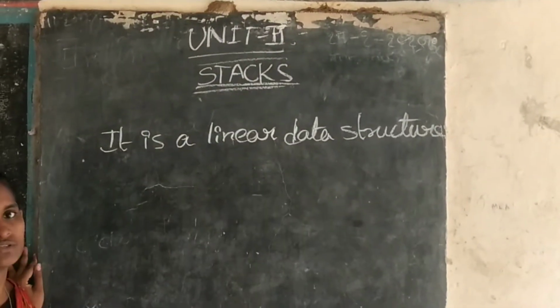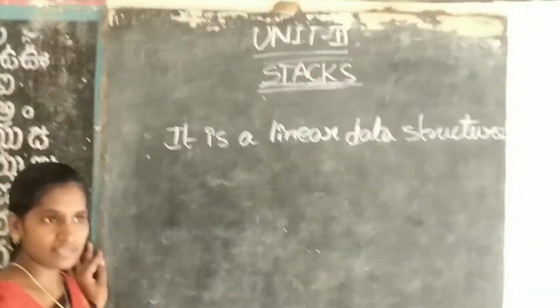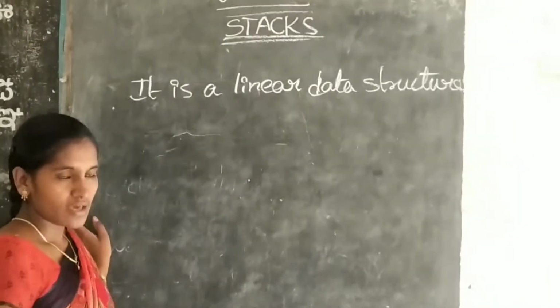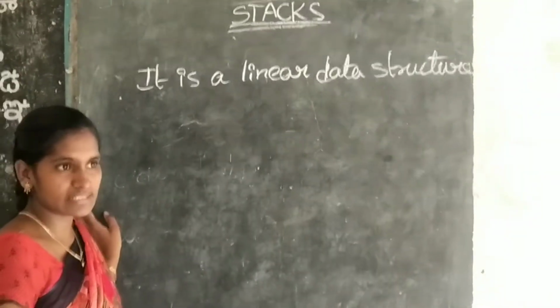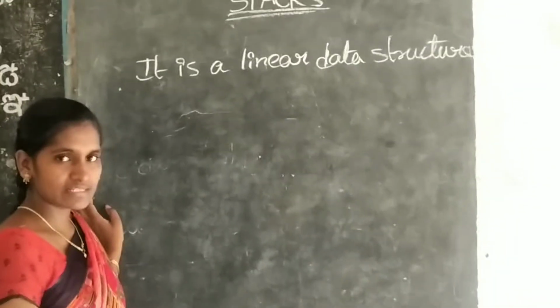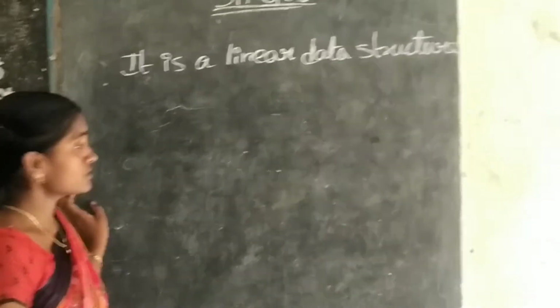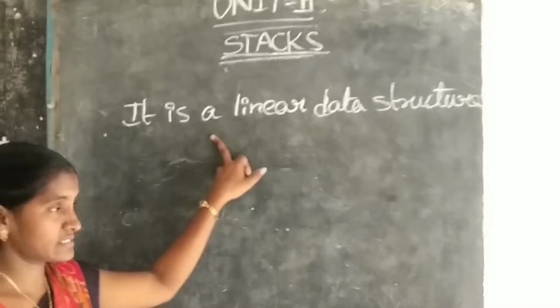Before, in the first unit, we discussed the types of data structures. In that we learned about linear data structure and non-linear data structure. Linear data structure has some types and non-linear data structure also has some types. So now, stack belongs to the linear data structure.